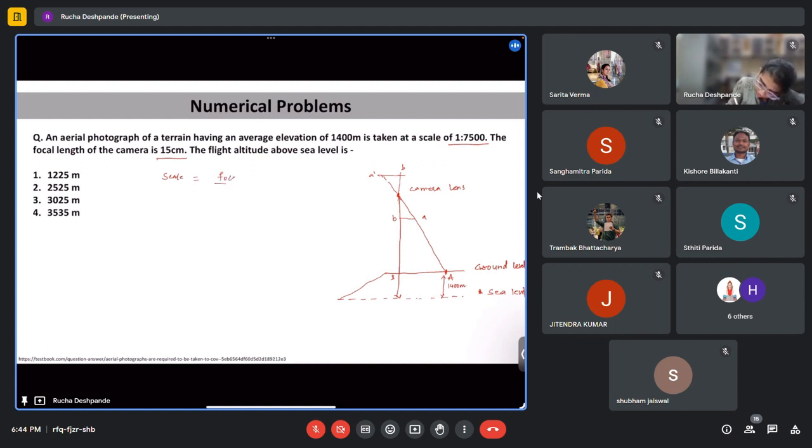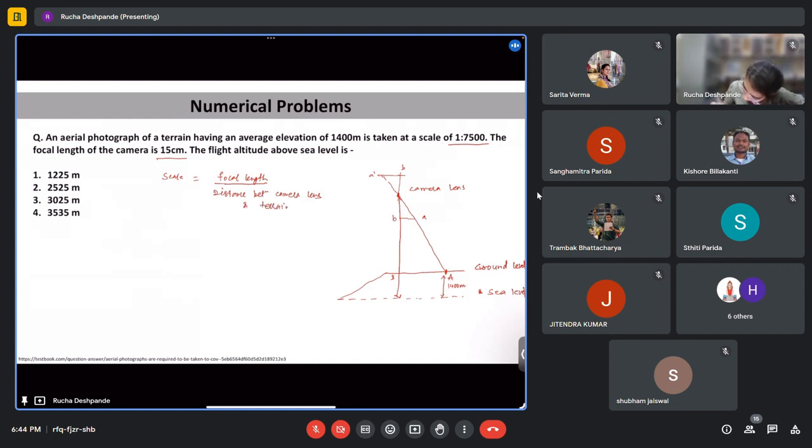So focal length by distance between the camera and the terrain, or height above the terrain, distance between camera lens and terrain.